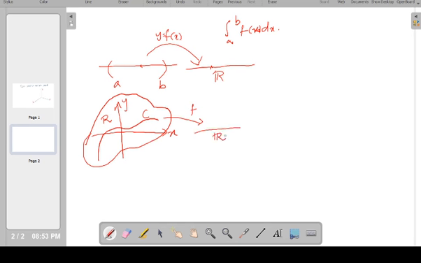This is the real line. Then you know what is the meaning of the integral over C of f ds, where s represents the arc length.